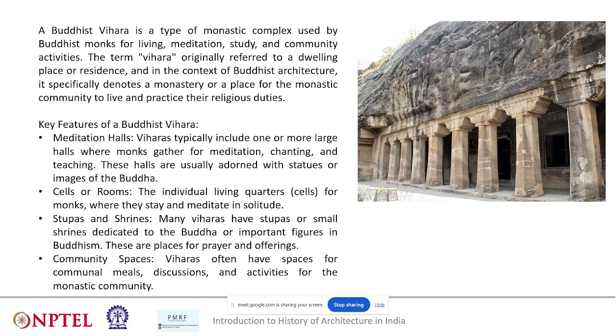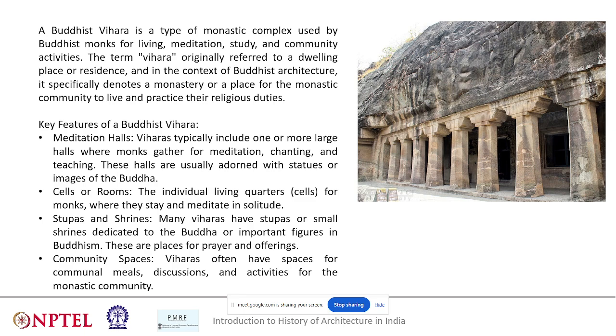Okay, so the term vihara refers to the dwelling units, the places where the Buddhist monks stay. It's something like a monastery, as we see nowadays. Buddhist viharas generally have some architectural features, for example, meditation halls, a place where the monks can gather and meditate.